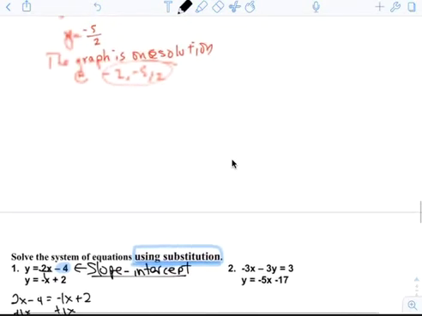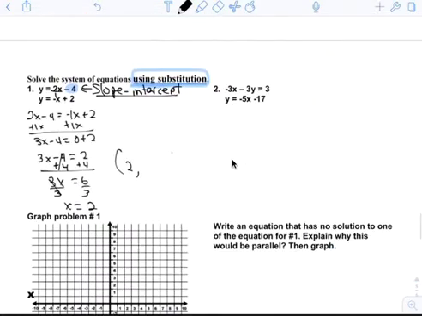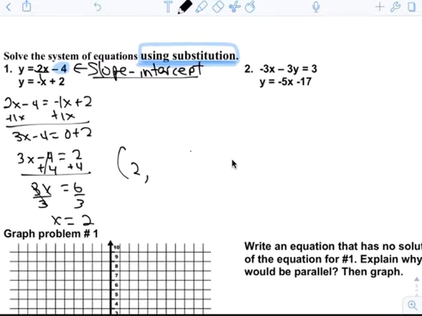And this one is in standard form. If both are in standard form, AX plus BY equals C, use elimination. But if any of them is in slope-intercept form, if it's not in standard form, you need to use substitution.